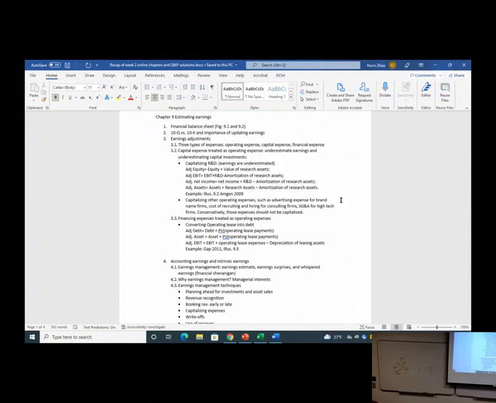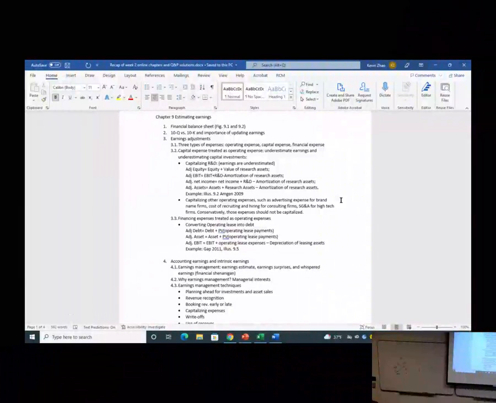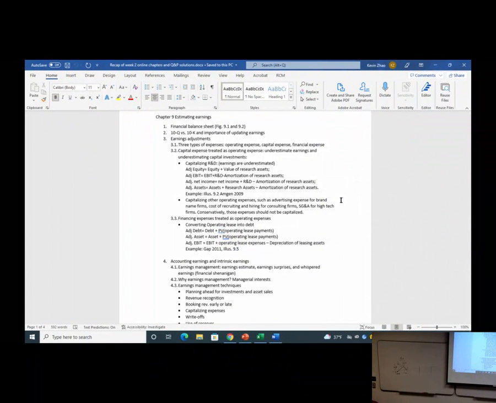And the second adjustment is on EBIT, earnings. How do we do that? EBIT plus this time period's R&D minus the amortization of the research assets. That's the second adjustment, which is very important. Because previously the EBIT tended to be underestimated.